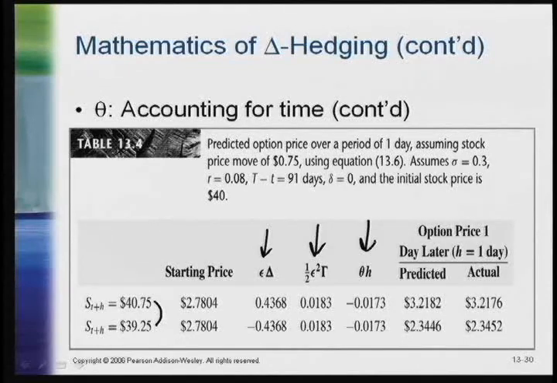So here we're looking at the investor's position, the long position, and for the long position, theta is negative. Remember, the market maker has a positive theta because they're short. So the long position has a negative theta. That's what we calculate. And then when we look at the prediction, that 2 cent adjustment helps out the approximation, and we can see we get quite good accuracy using delta, gamma, as well as theta in this approximation.